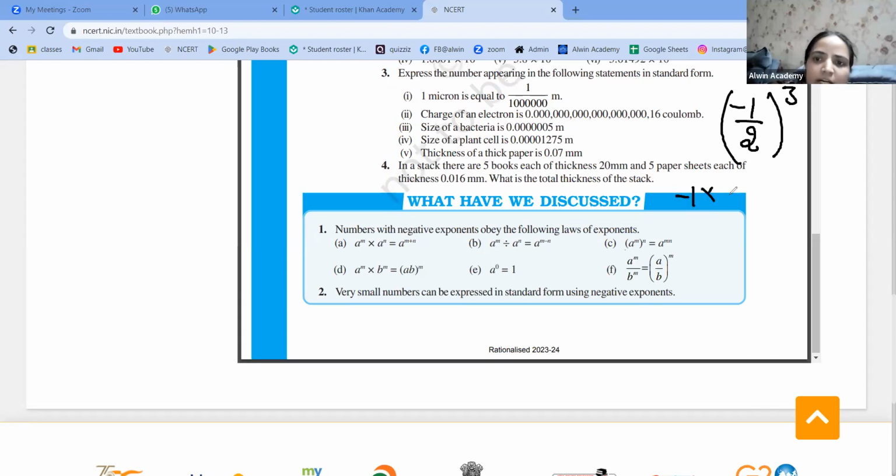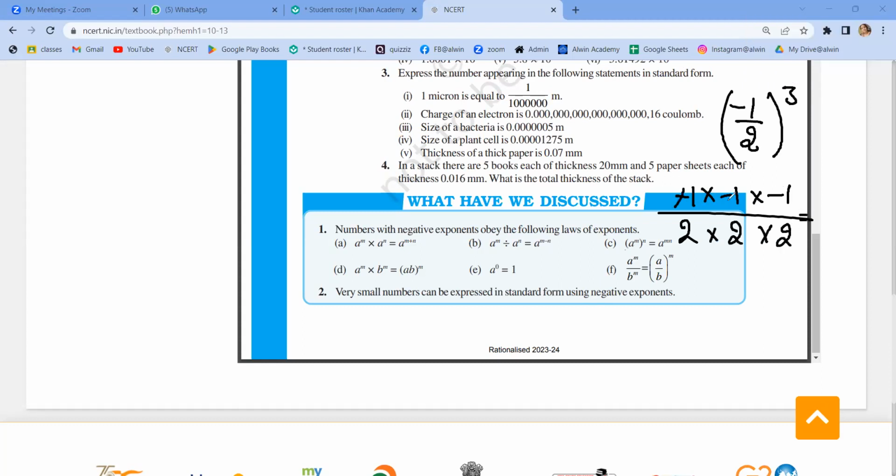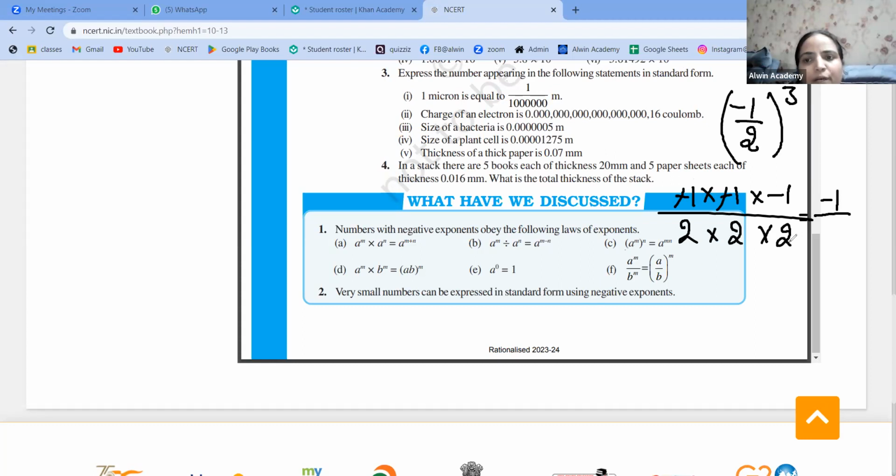So that's minus 1 times minus 1 times minus 1 by 2 times 2 times 2, right? Pairs of minus get cut, so an even number of minus cancels, and one minus will remain. 1 into 1 into 1 is 1 only. By 2 into 2 into 2 is 8. So minus 1 by 8 is the answer.